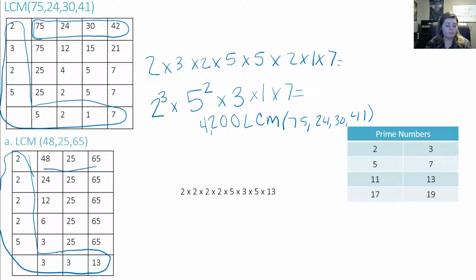So just moving right along, we can say 2 times 2 times 2 times 2 times 5 times 3 times 5 times 13. Or we can say 2 to the 4th power times 3 times 5 to the 2nd power times 13, which is 15,600.